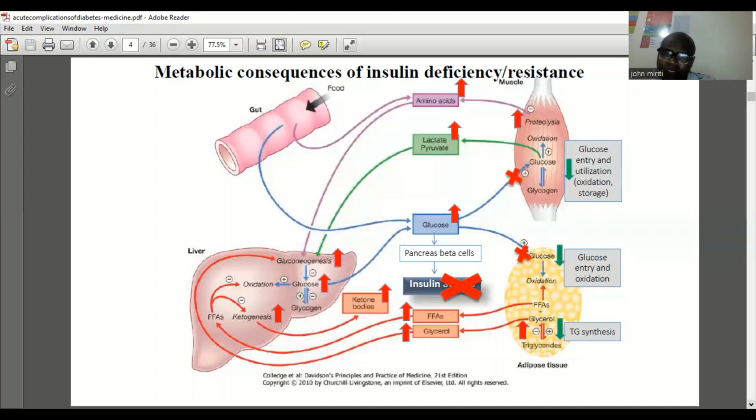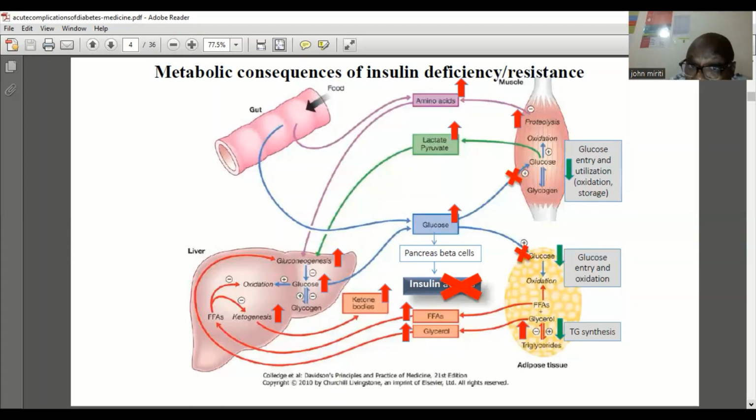The small glucose in the tissues can be converted into lactic acid, which can result in lactic acidosis. And then in the liver, if there is not enough glucose, there is increased gluconeogenesis, and there is increased oxidation of free fatty acids, resulting in ketones in the body, and these ketones are what cause ketoacidosis.